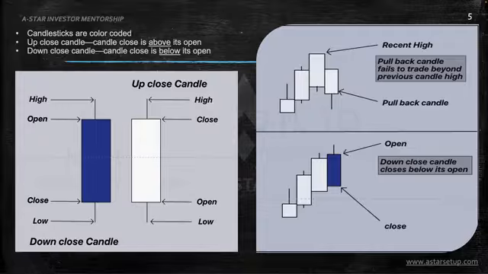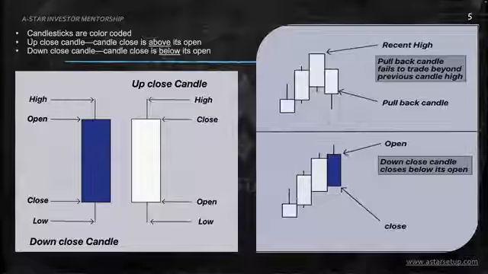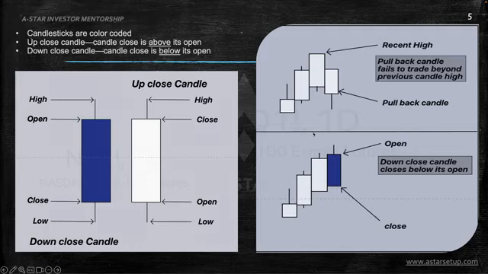Now, another price action pattern I want to introduce you to is the concept of a pullback candle. So if you look to the top right of your screen, this diagram where we have 4 white candles.